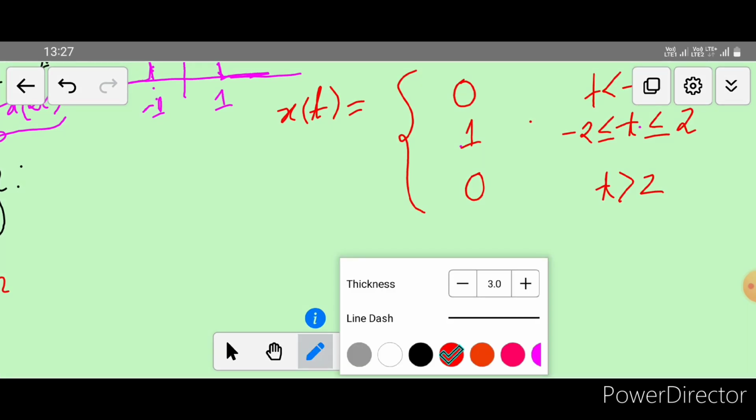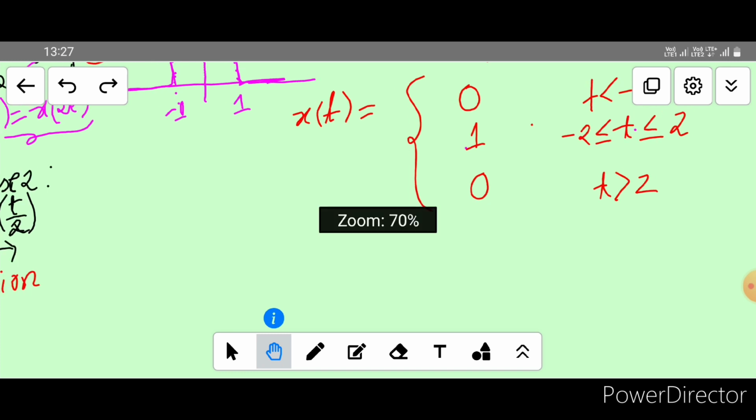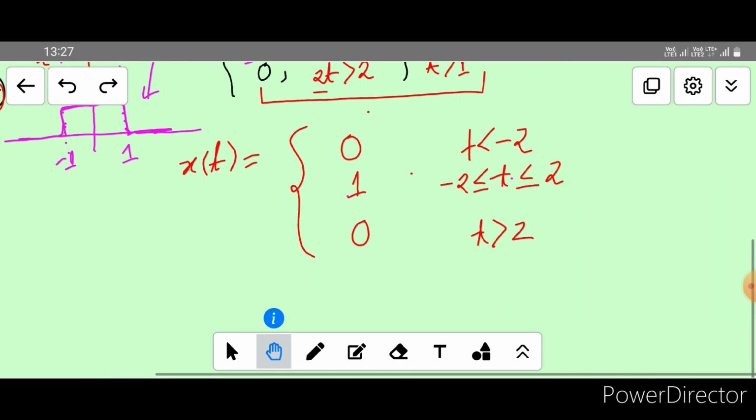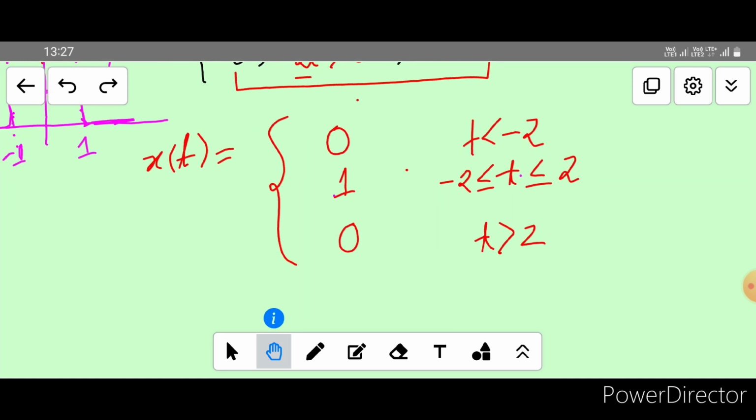Now we are trying to develop y(t) from x(t), right? So here we can see, this time our y(t) is equal to x(t/2), right?